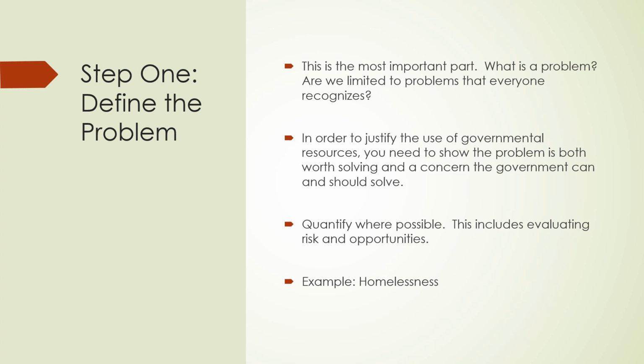If we look at the literature on policy analysis and on public policy, Kingdon tells us that the goal of anybody who's trying to change public policy is to elevate your problem to the public agenda. And thus, that means not everything is automatically on it. In order to justify the use of governmental resources, you need to show the problem is both worth solving and a concern that the government can and should solve.